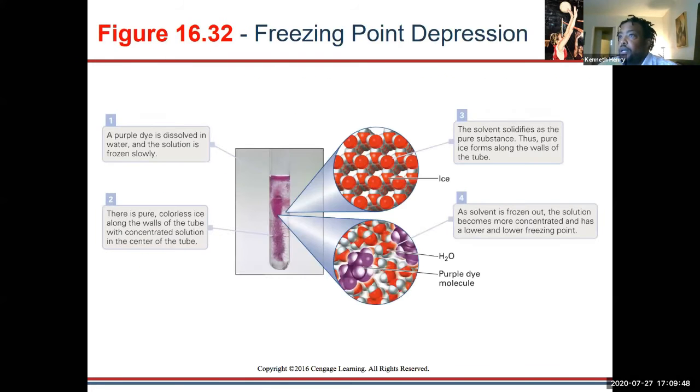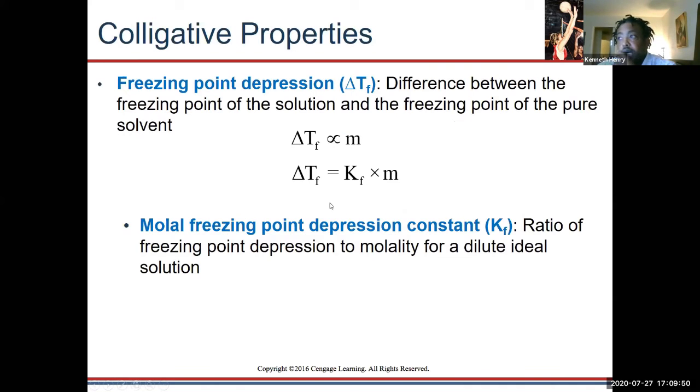Okay, so I do want to talk about molality. Molality is used when we're working with colligative properties such as boiling points and freezing points. Let's say, for instance, salt and water, right?